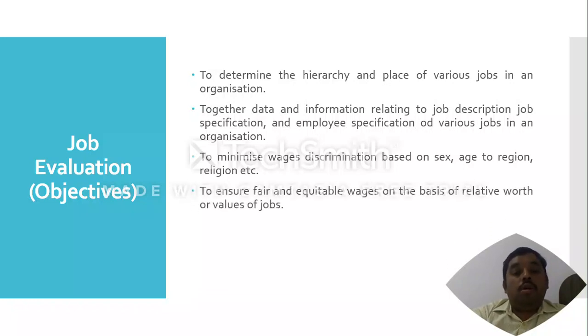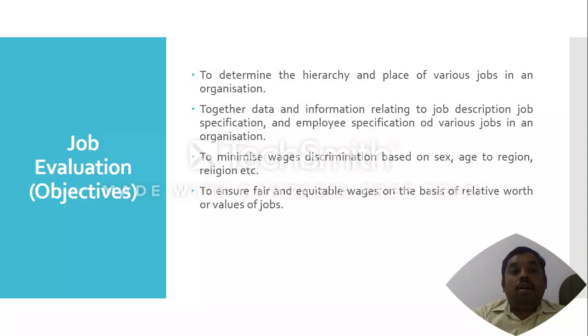The next point tells us to ensure fair and equitable wages on the basis of relative worth or values of jobs. They say the salary is to be fixed based on the work done in an organization, not blindly, just like that, that this particular person has to get 20,000 or 30,000.